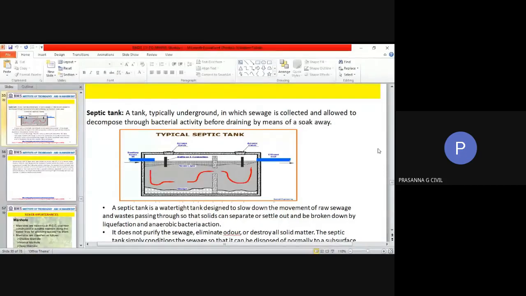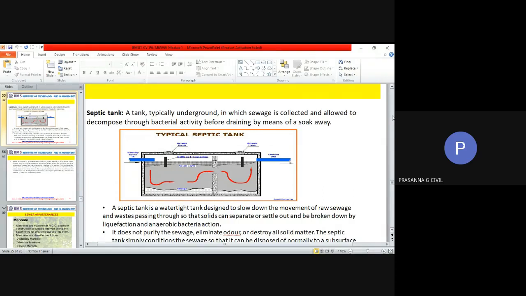The number of chambers of the septic tank is also decided by the number of people who are using the facility, whether it is a building, hospital, whatever; it is usually designed on that basis.